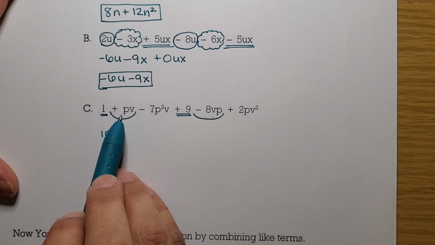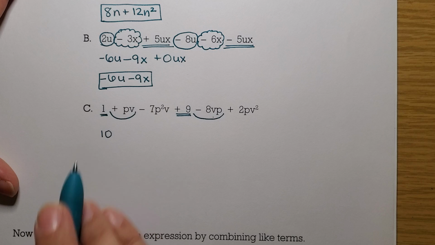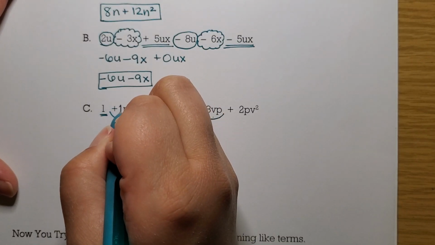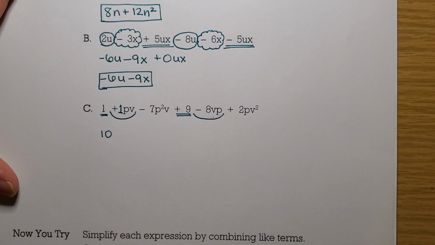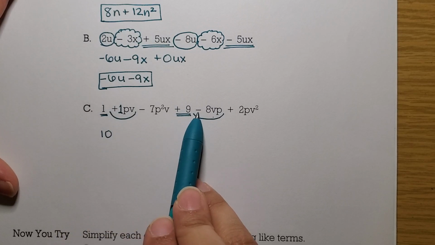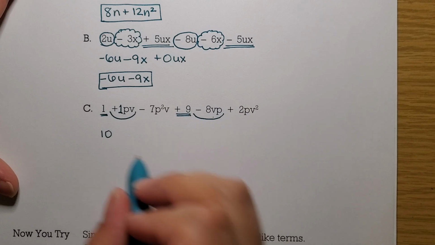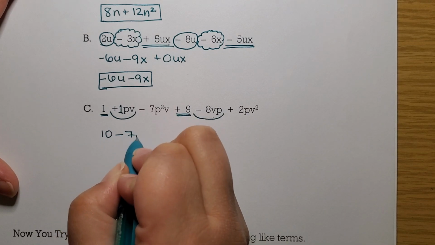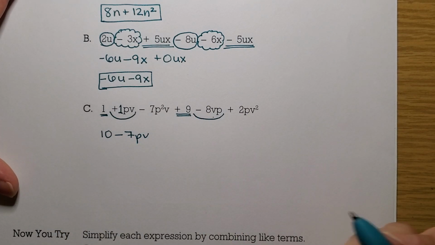So as a reminder, when you have a term and there's no coefficient written, it's implied to be a 1. So now I have 1 pv minus 8 pv to get a negative 7 pv. Or I could write that as negative 7 vp. It's the same thing, it doesn't matter.